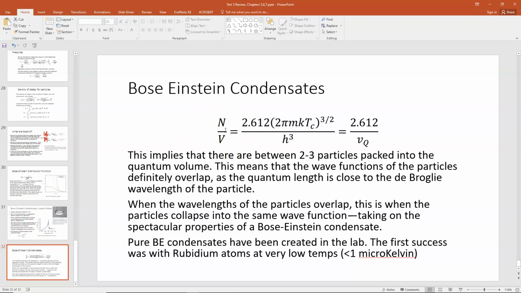They also think that it might very well describe the early universe, that quark gluon plasma, which had a density so high that even though the temperature was very high, a Bose-Einstein condensate state was achieved. Okay, so that is the tobacco auctioneer tour of your chapters 5, 6, and 7.